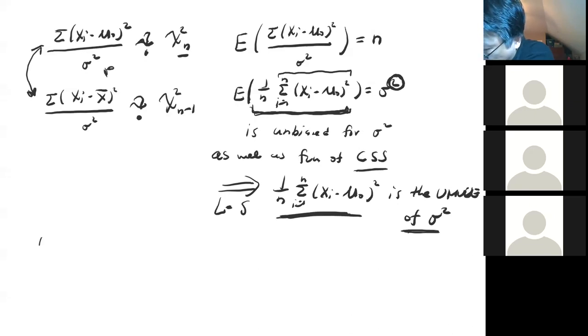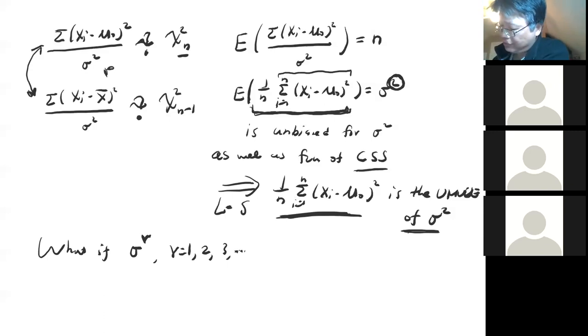But what if gamma is actually general, from 1 to 2 to 3 and so on? What if gamma is general? It's actually not that hard to find, but hard to compute as well. Hold on a little bit, let me go back to the previous one.